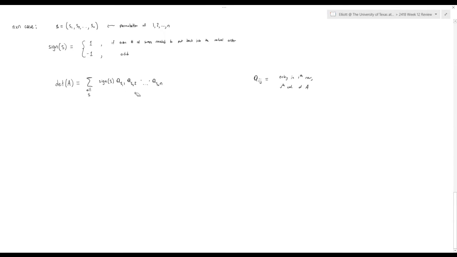A_{S2,2} is the entry in the S2 row in the second column, etc. So we're taking certain entries of the matrix, multiplying them together, and then multiplying by plus or minus 1, depending on the permutation S. And we do this for all permutations, so all reorderings of the numbers 1 through n.